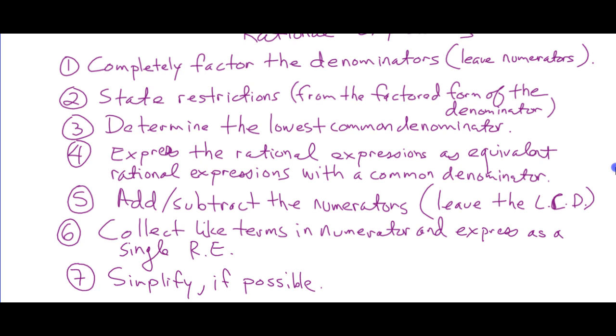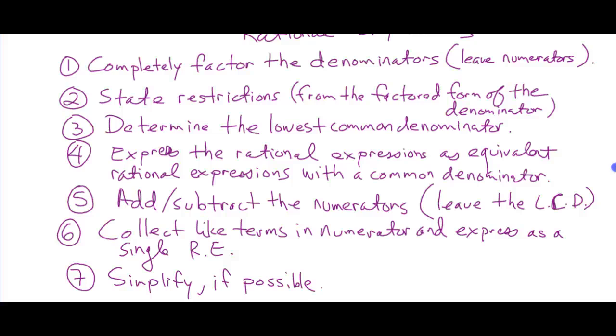Okay, so it sounds like a lot, and sometimes it is, but the process of factoring denominators, we just do that with everything. Stating restrictions from the factored form, we do that with everything. Now we get into the special stuff. Determine the lowest common denominator. It doesn't hurt to state it at that point, just write it down: my LCD is such and such.